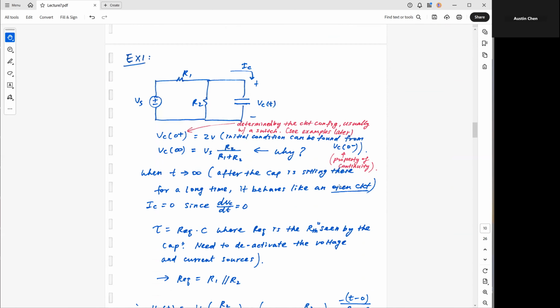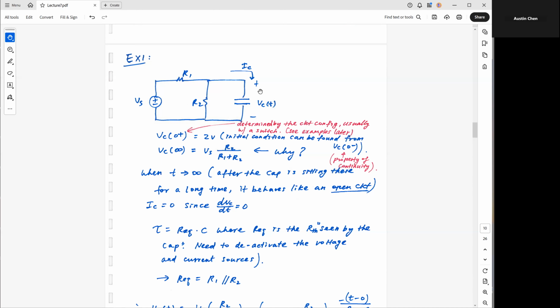I wanted to go over this example as a warm up, just to show you how you can utilize this generalized equation that we derived to understand the behavior of the circuit in this first order system. In this example, I have two resistors instead of one.